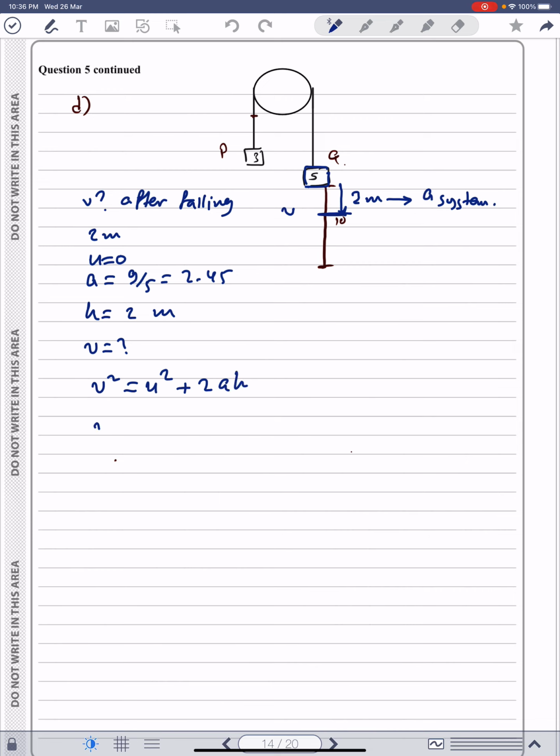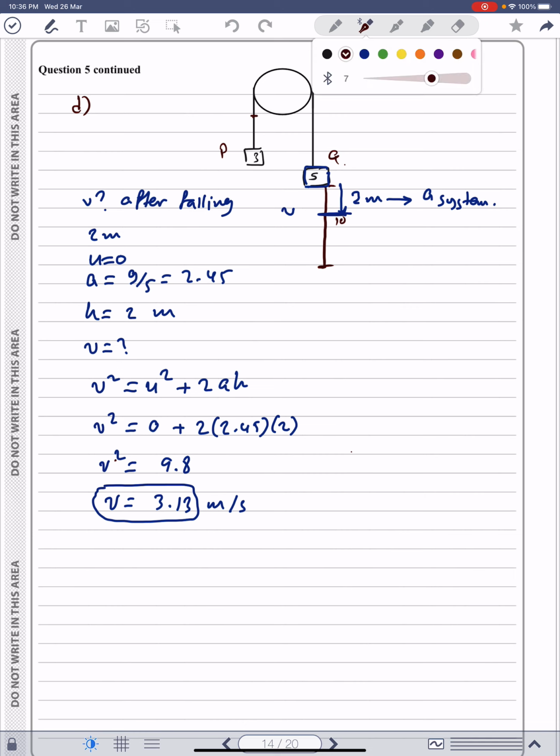Just by substituting, V squared equals U squared, which is 0 in this part, plus 2 times 2.45 times 2. By using the calculator, simplifying, this is 9.8. By taking the positive square root, we get 3.13 meters per second.